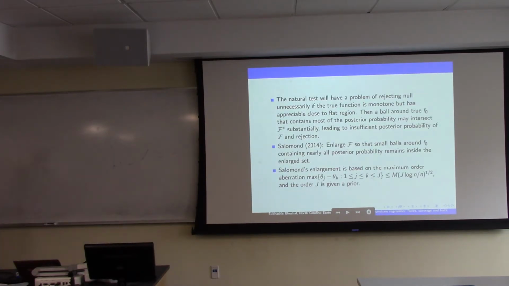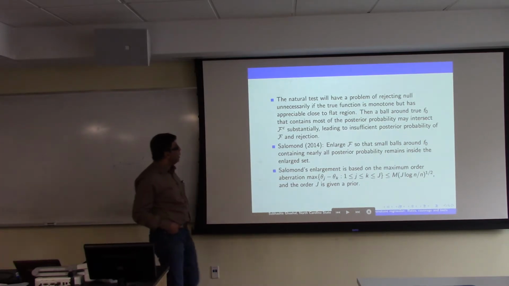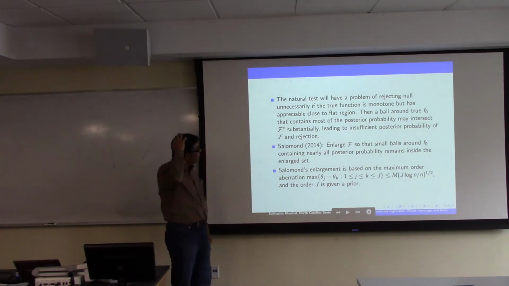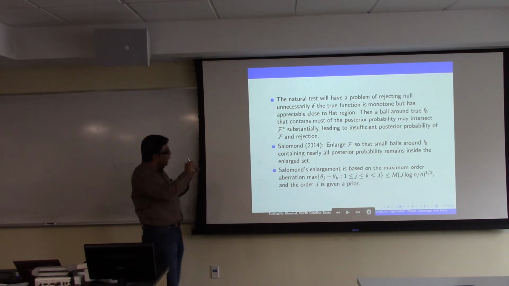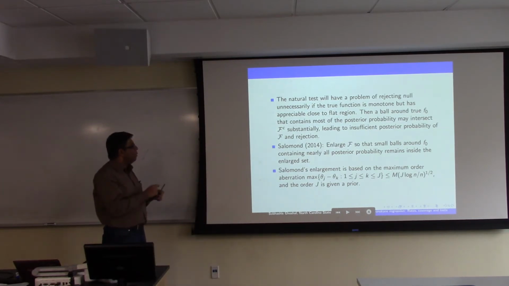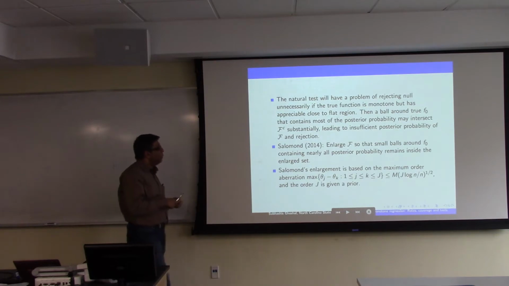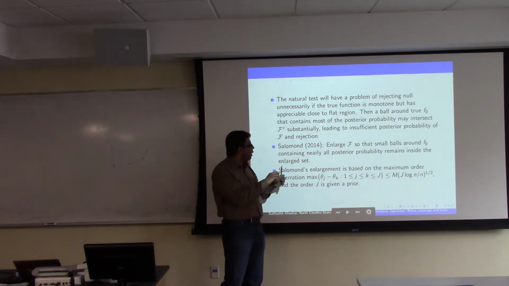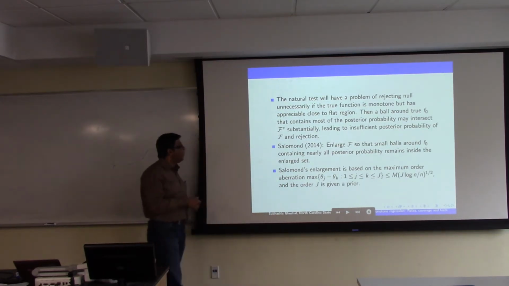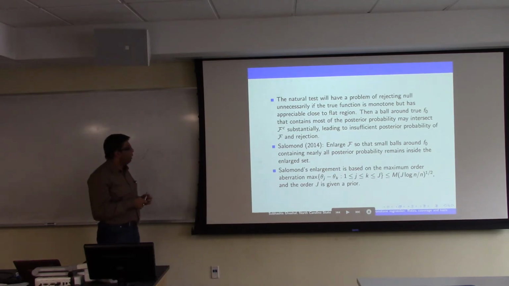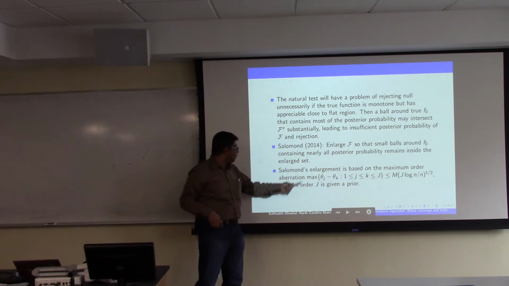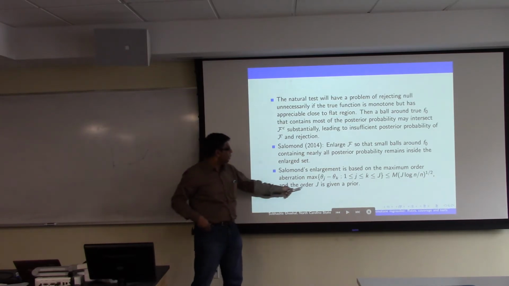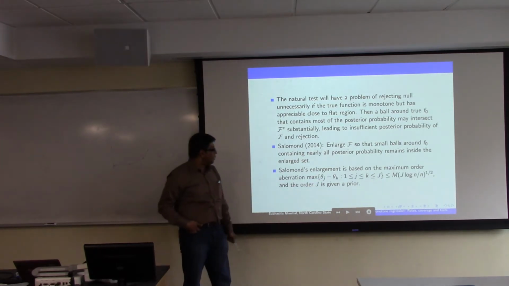So in order to avoid that problem, Solomon a few years ago suggested just enlarging this F before you calculate the posterior probability. So put a cushion around F, then compute the posterior probability and make your decision based on that. The Solomon enlargement is based on the maximum aberration. So you look at the differences.